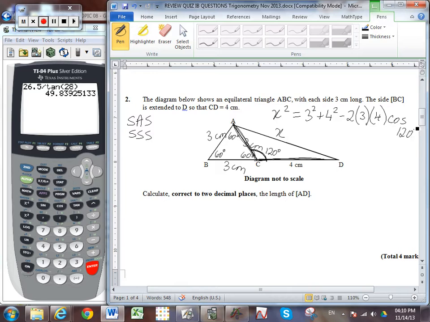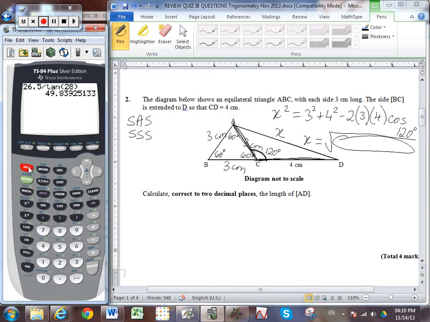So I'm going to type this thing into the calculator. Then we've got, oh, wait a second. I forgot. I've got x is going to be equal to the square root of all that stuff, right? So I'm going to create the square root first.